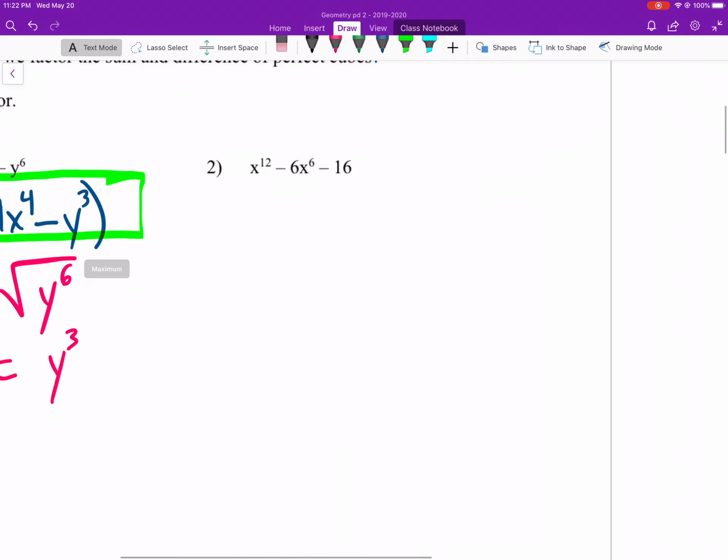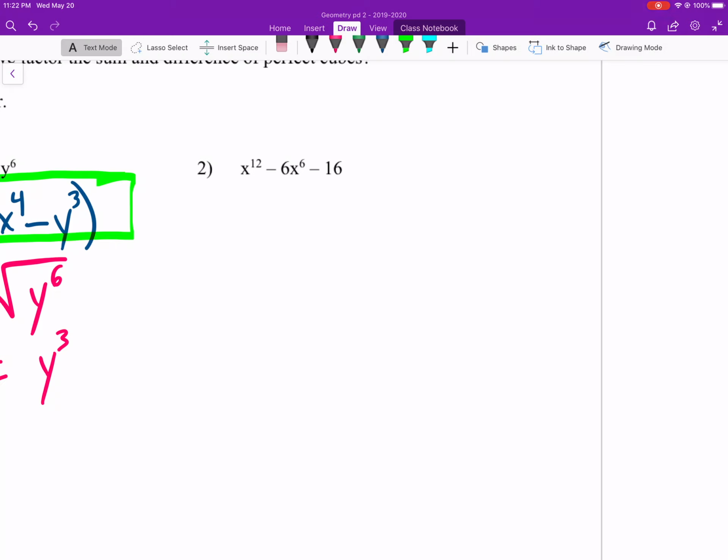Number 2, x to the 12th power minus 6x to the 6th power minus 16. Now this is an example of AM because our leading coefficient, the leading number in front, is 1. But if you notice what those exponents look like, an exponent of 12, an exponent of 6, in our lessons you'll see that this is an example of super AM.